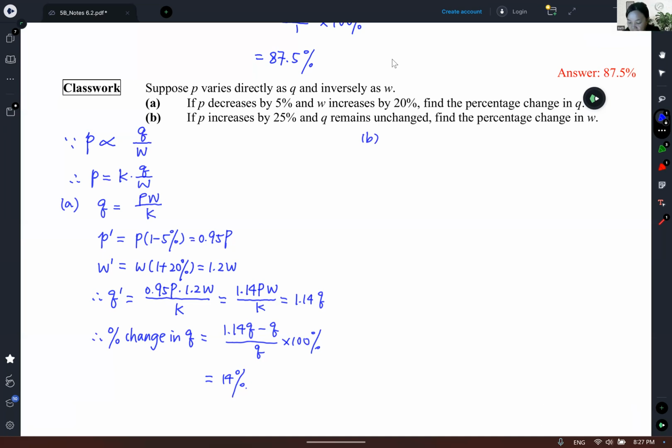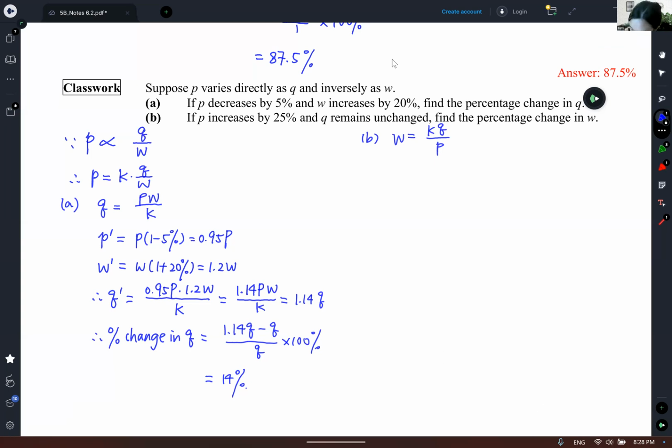Now P increases by 25% and Q remains unchanged. Find the percentage change in W. Now, if I want to find the percentage change in W, I better make W the subject. So in this case, I will write W equals K times Q divided by P. So this is the formula I use.